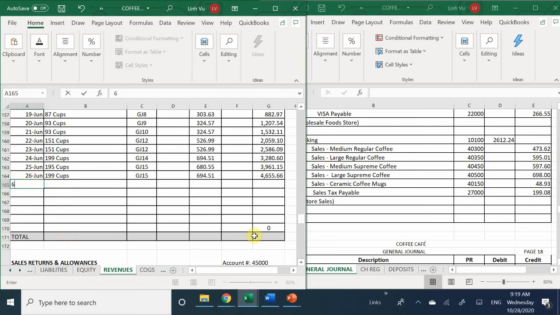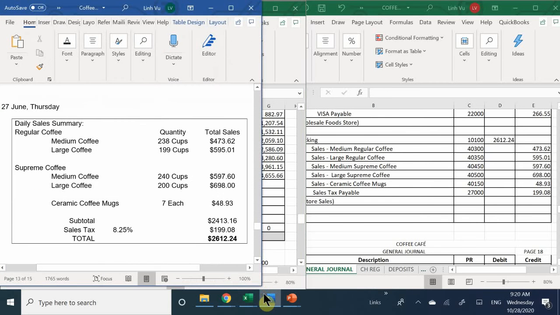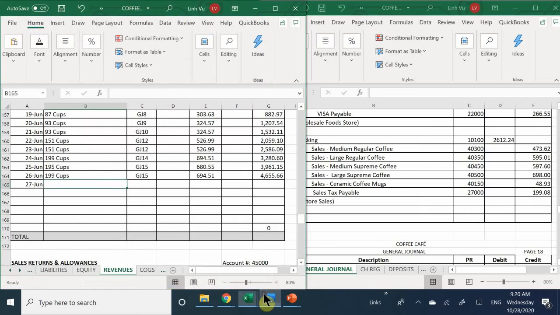There was a large supreme coffee. The records closing with 500 for 200. Good. 200 cups. 698.